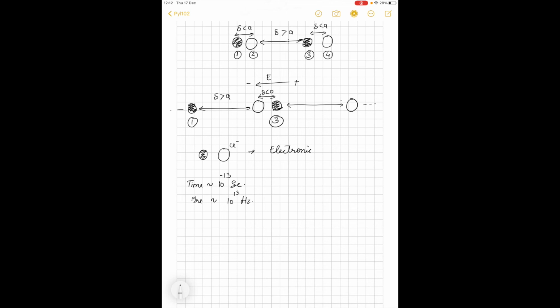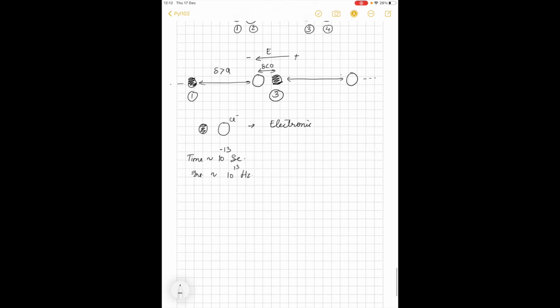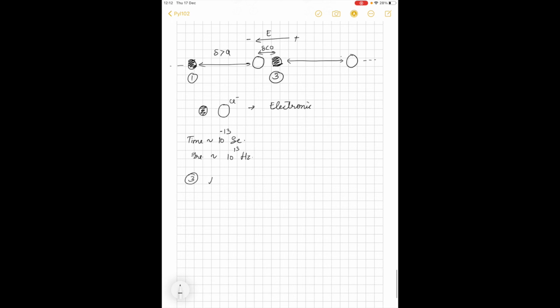Then we can briefly discuss the third one, which is called the dipolar or orientational polarization. So what is dipolar or orientational polarization?